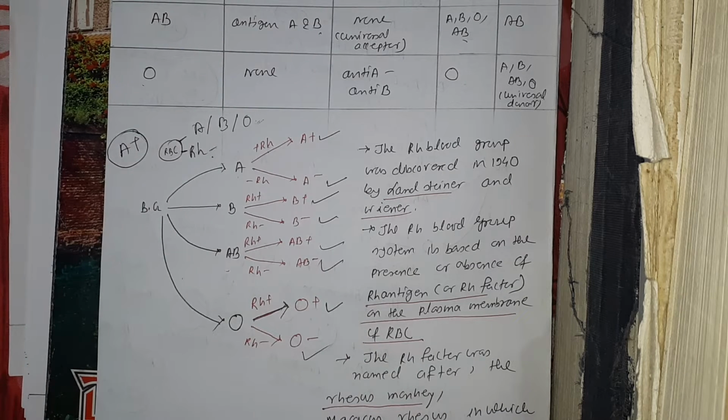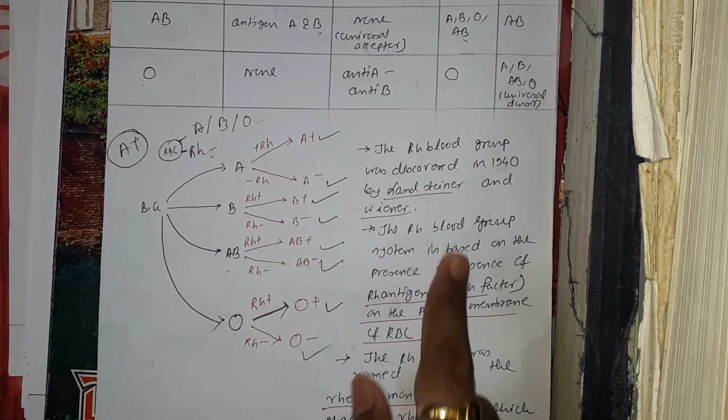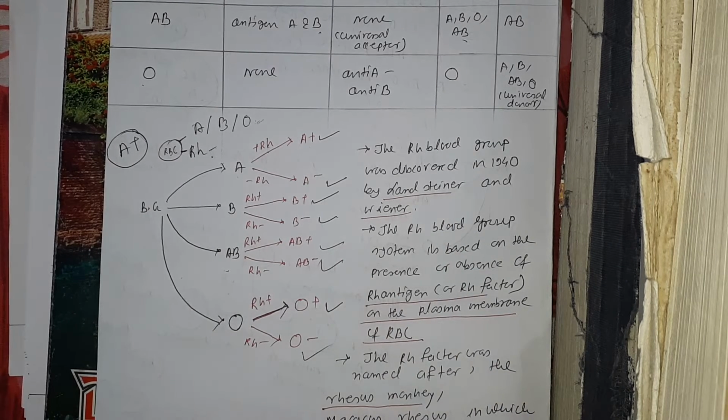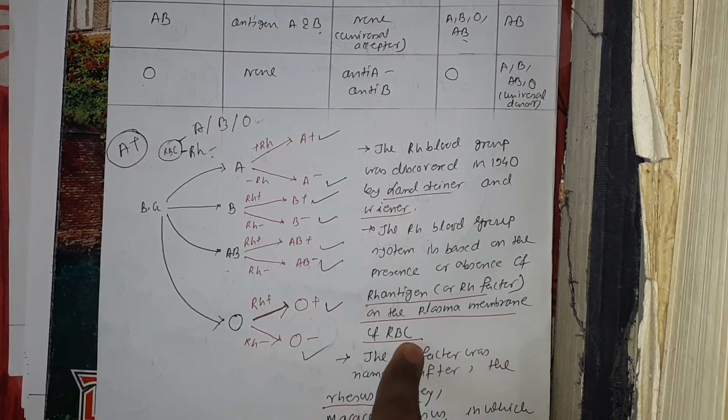So let's talk about how this Rh factor was discovered, right? Rh factor was discovered in 1940 by Landsteiner and Wiener. One important fact is that this Landsteiner is the same person who discovered our ABO blood group. The Rh blood group system is based on the presence or absence of Rh antigen on the plasma membrane of RBC.